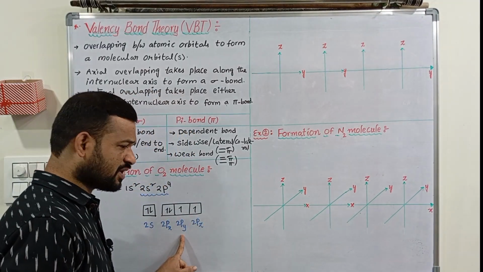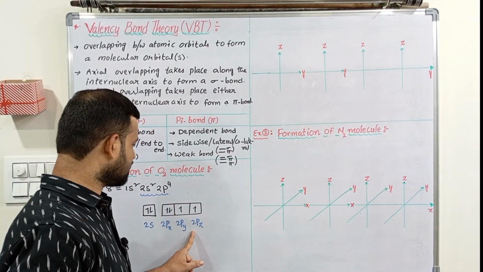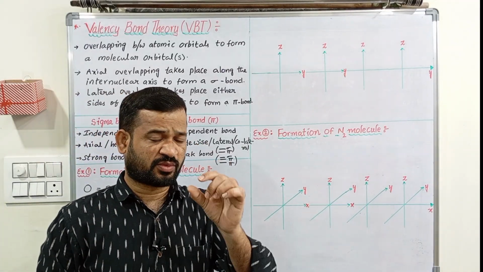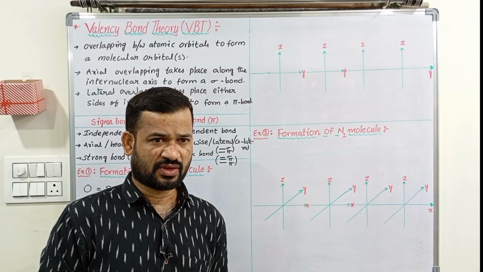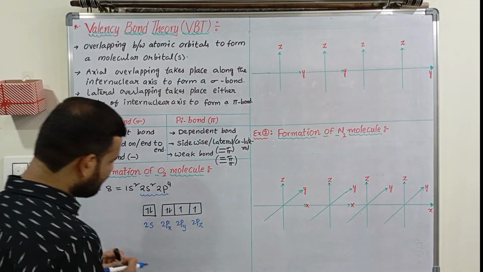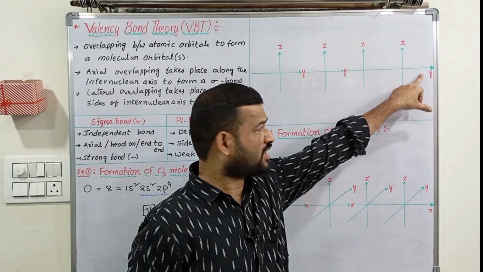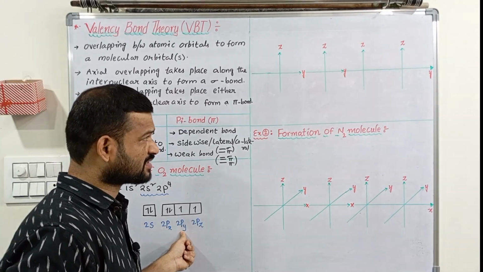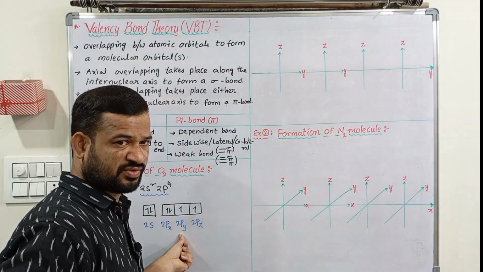So the py orbital overlaps with another py orbital of oxygen. The pz orbital overlaps with another pz orbital of the oxygen atom. The orbital which overlaps along the internuclear axis will form the sigma bond. The remaining orbitals will form pi bonds by lateral overlapping. For example, this is the internuclear axis. If we take the internuclear axis as the y axis, between py orbitals a sigma bond will be formed.